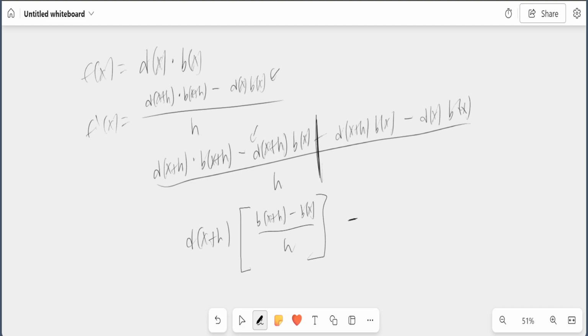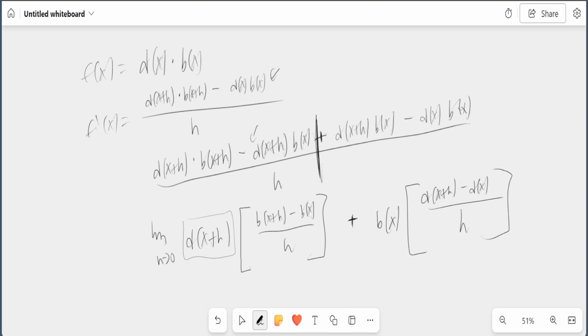There should be a plus and minus somewhere. This is a plus. I guess it got hidden by my slash. Plus, limit as h goes to 0.